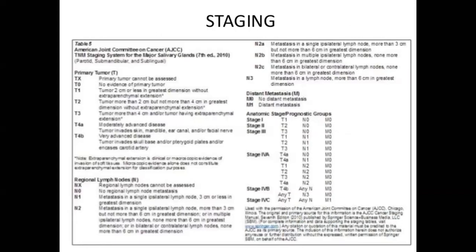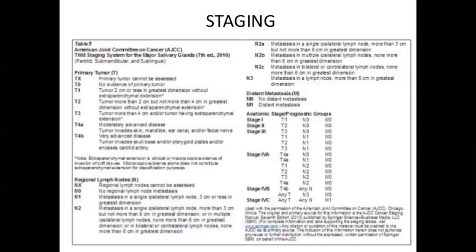T3 when the tumor is more than 4 centimeters, having extraparenchymal extension. Then T4, which is further divided into T4A and T4B. T4A is moderately advanced disease and T4B is very advanced disease, where the tumor invades skull base and pterygoid plates and encases the carotid artery.